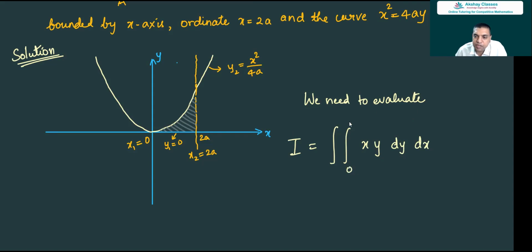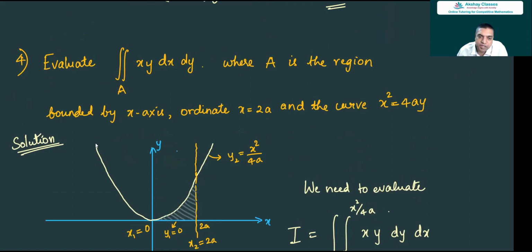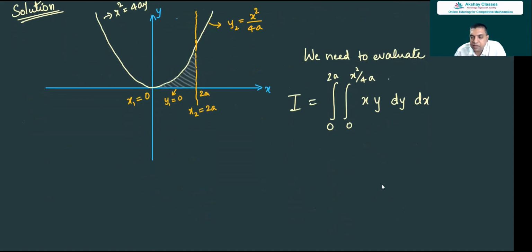So y varies from 0 to x square upon 4a. This curve is x square equal to 4ay, so from there we wrote this as y is equal to x square upon 4a. Now from y1 to y2, and x varies from 0 to 2a. So this is the region of integral. So the integral looks like this.